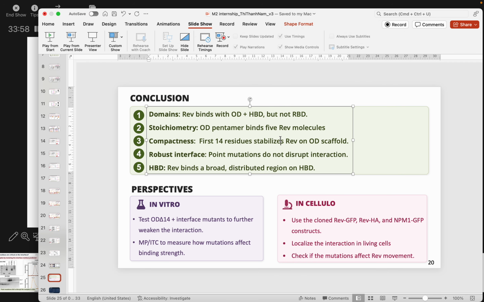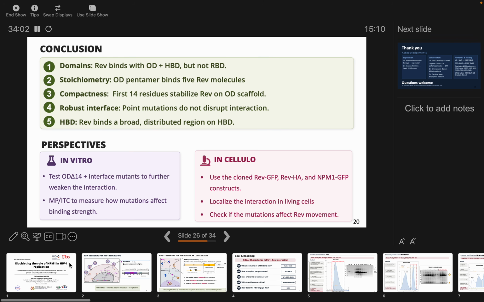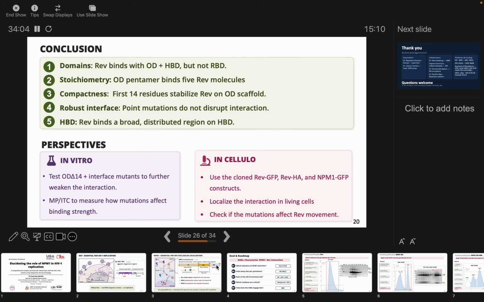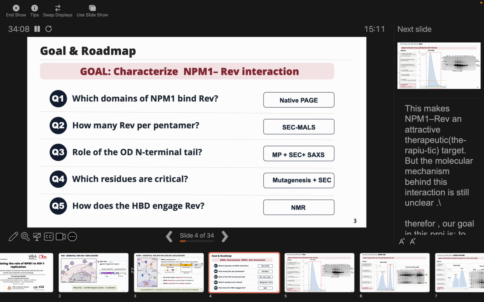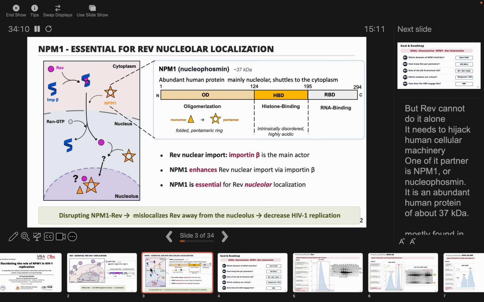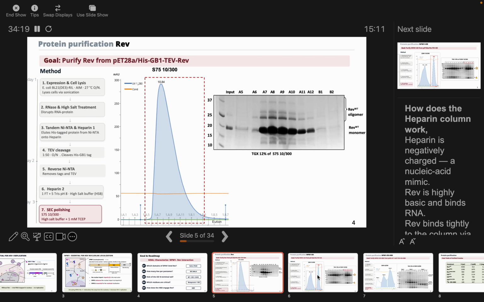And so about the question, you mentioned on slide 4, before in the introduction, that Rev is a 13 kilodalton protein, and on slide 4 on your gel it seems to be much higher.